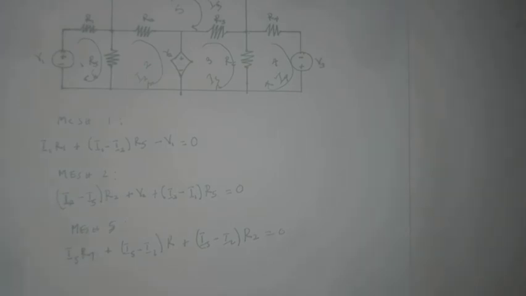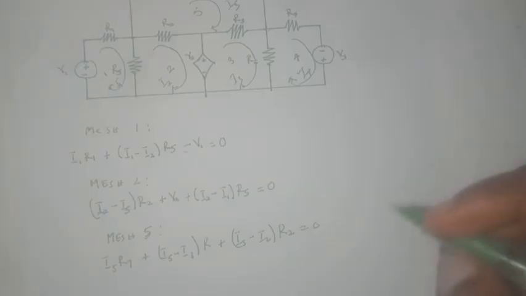By the time you're done writing the equations for each mesh in a circuit, you would have enough equations to solve for each mesh current in the circuit. Then the current flowing through a particular resistor will be the sum of the currents in the meshes that it is connected to.